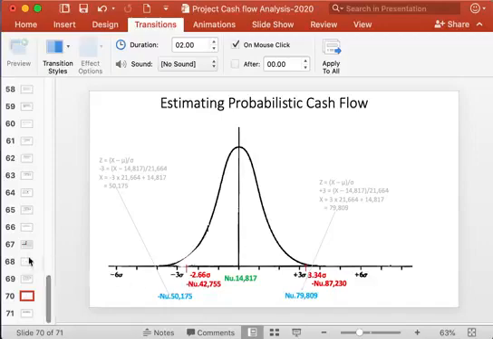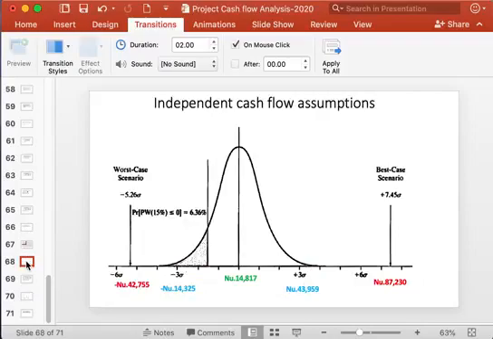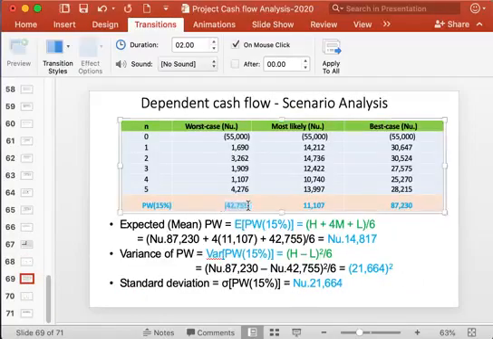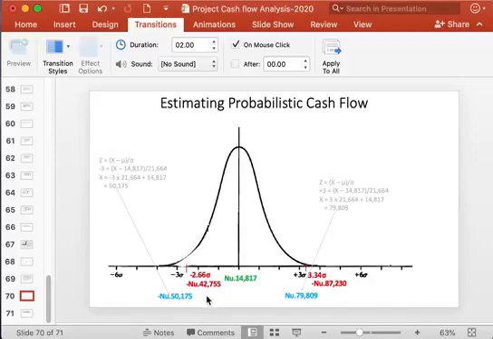So this value of the net present worth, 42,755, from the point of view of dependent cash flow, we cannot rule out that this minus 42,755 Newton will not happen, because it is within this bound minus 3 sigma to plus 3 sigma.